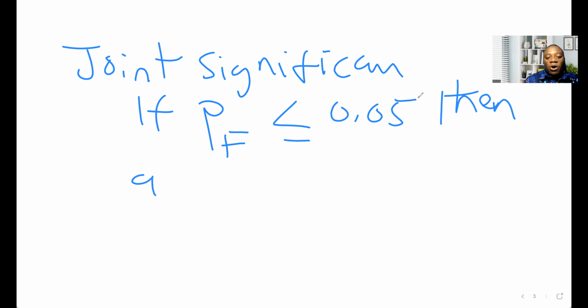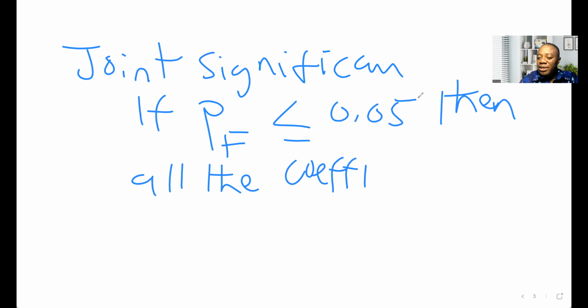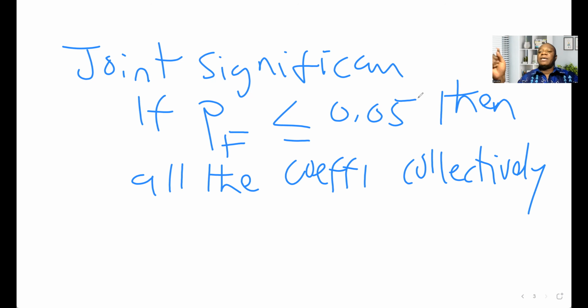Then all the coefficients, not one of them, not two of them, all of the coefficients are collectively or jointly significant. So I wanted to note this, as long as the p-value of the F statistic is less than 5%.